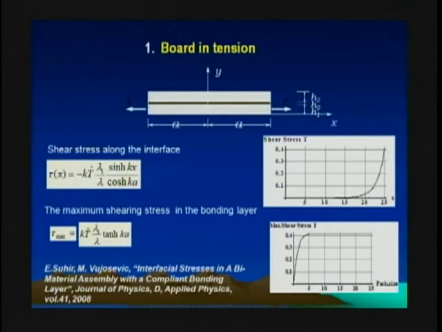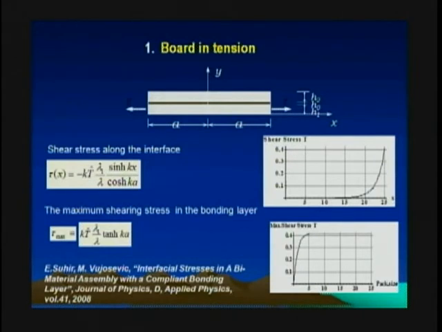K is a parameter of the interfacial shearing stress that depends on the axial compliance of the entire structure and the compliance with respect to shearing forces, primarily of the bonding layer. And A is half of the length of the assembly. That's how you can calculate the shear stress along the interface, the maximum stress and everything. And that's how this shear stress is distributed.